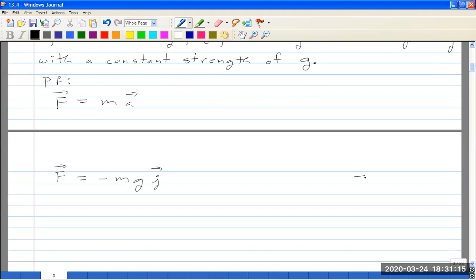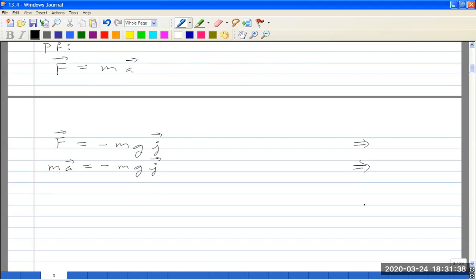And so I have that the mass times acceleration is equal to minus mg j.